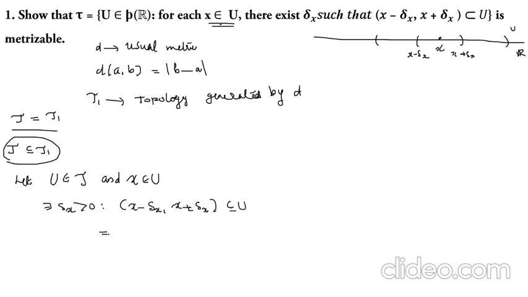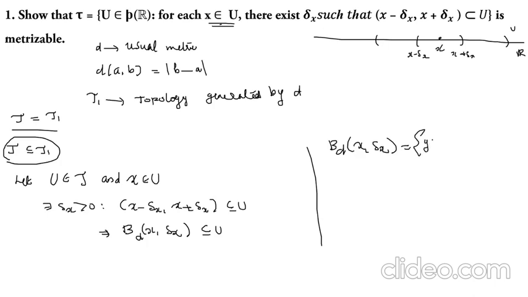Now we can write this open interval as the open ball with center x and radius delta_x. It's a subset of U. Let's check what the open ball with center x and radius delta_x is. This consists of all those elements y belonging to R such that the distance of x and y is less than delta_x.